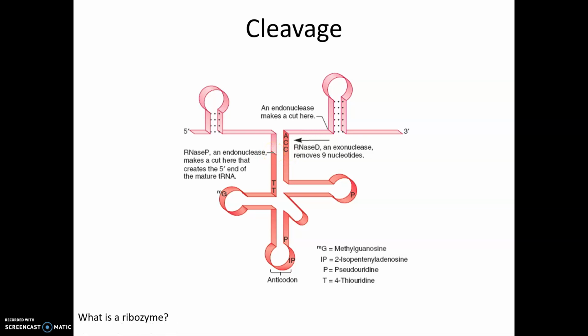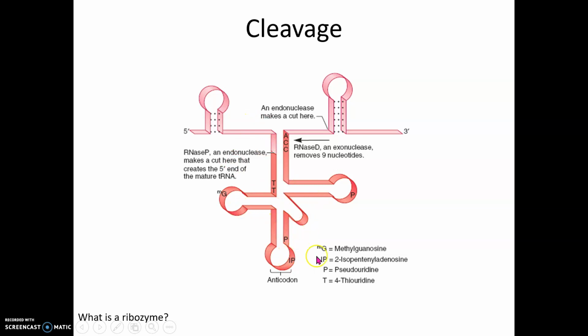Then you have another endonuclease that removes a segment from the 3'. Then you have an endonuclease that cuts here. Then you have an exonuclease, RNase D, that cuts here, leaving this ACC, which is indicative of all mature tRNA molecules.